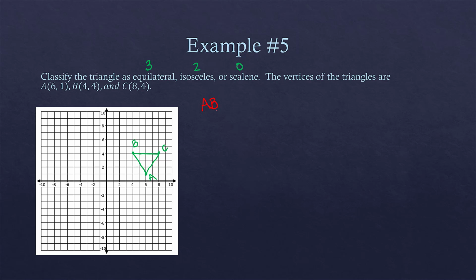So a side length is just the Pythagorean theorem. That distance formula is really the Pythagorean theorem. So I'm going to draw my right triangles in by following the coordinate plane and then count those boxes. Those measures become my a and b in my Pythagorean theorem.